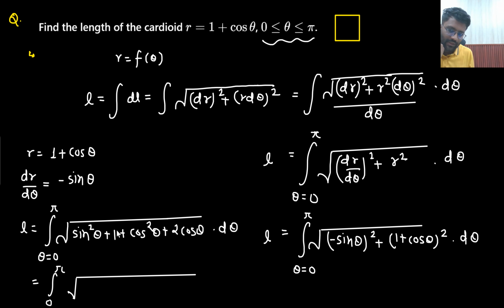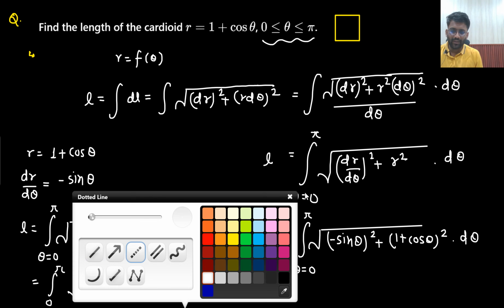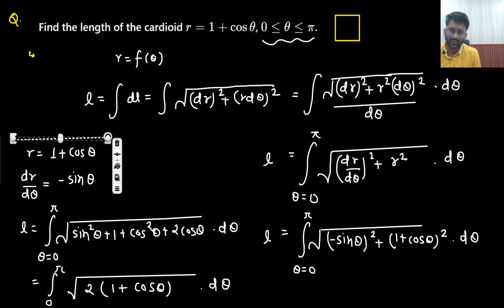Sin square theta plus cos square theta is 1, and 1 plus 1 will be 2. So 2 plus 2 cos theta you are getting, that means 2 you can take common. So 2 into 1 plus cos theta, d theta. Is that understandable to you? What did I do here? Simple calculation, nothing else. dr by d theta we need to calculate separately. So I am putting this in a box.